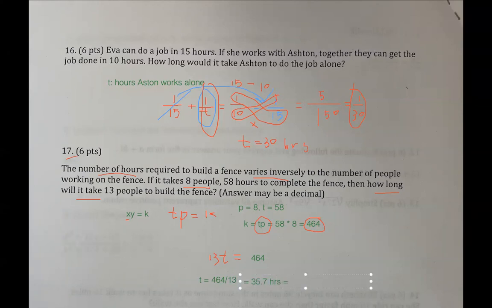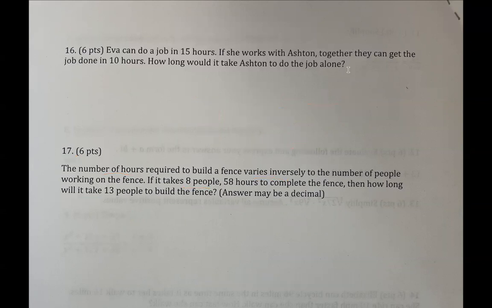Now we need to change this to 35 hours and how many minutes? 0.7 times 60, because 1 hour equals 60 minutes, we get 42 minutes. All right, so the answer should be: it would take 35 hours, 42 minutes for 13 people to build the fence. Okay, we finished. That's the exam 3 solution.